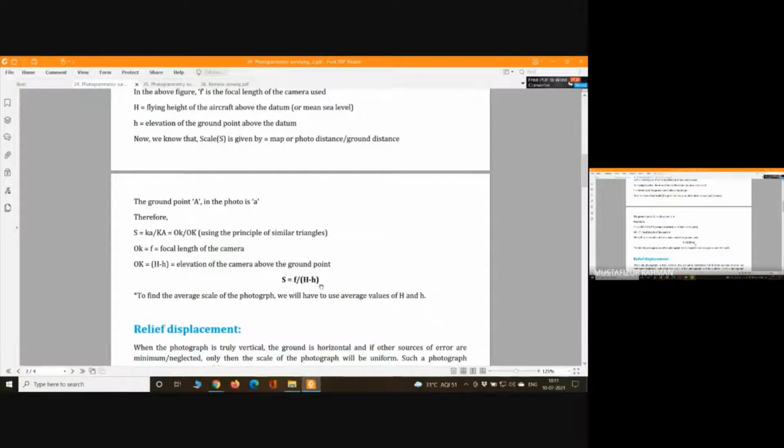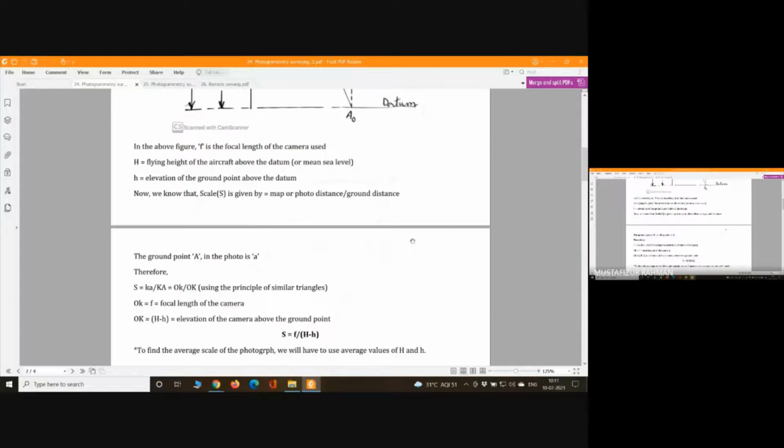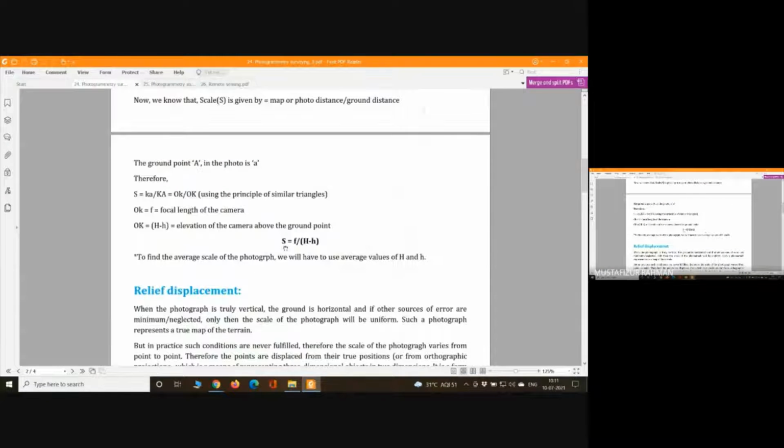F is the focal length of the camera or instrument. Capital H is the RL of the exposure point. Small h is the RL of the ground point. So capital H minus small h is the distance from the ground to the camera point, right? So this is very easy. We have to remember this, and we will be using it in the numericals.